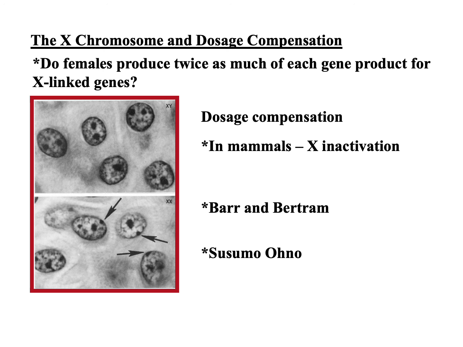A few years later, the work of Susumu Ohno proposed that Barr bodies arise from one of the 2 copies of X found in females, because these Barr bodies were found in female cells and not in male cells. And this would be an explanation for how dosage compensation could be achieved. If one of the copies of X is somehow inactivated, made non-functional, then females would have 1 functional copy of X, the same as what you would find in males who only have 1 copy of X.